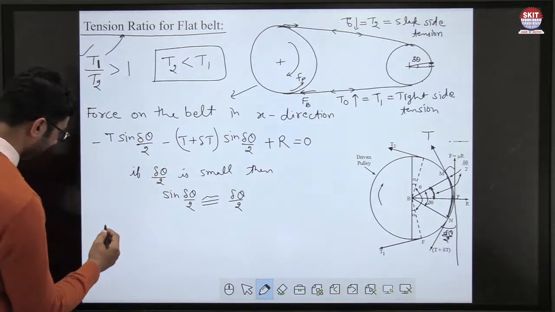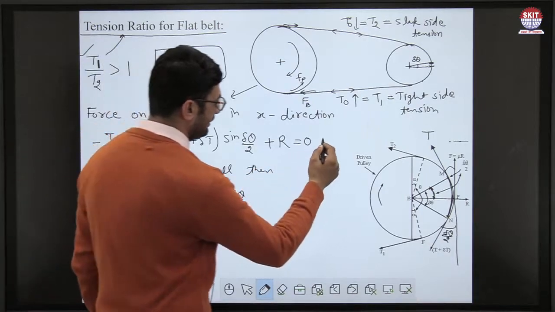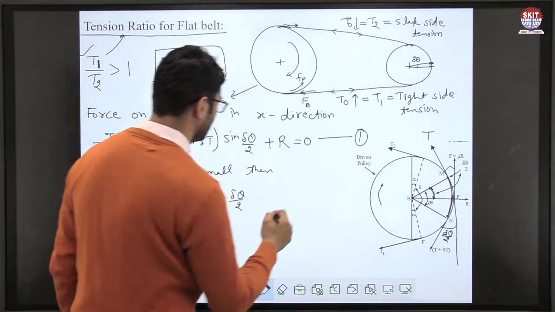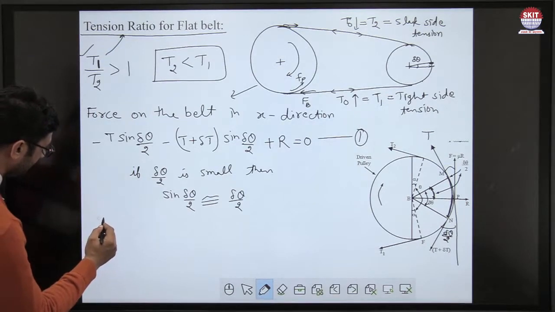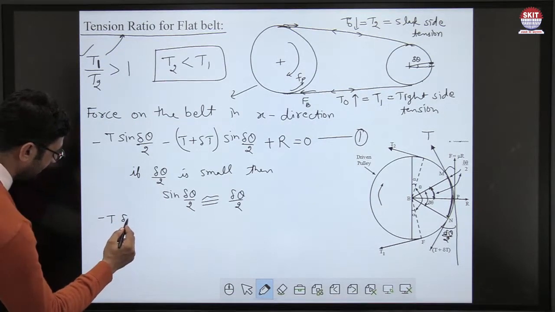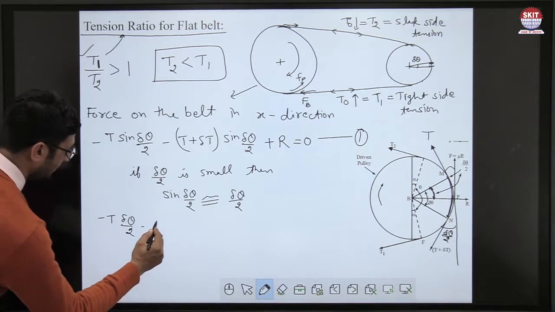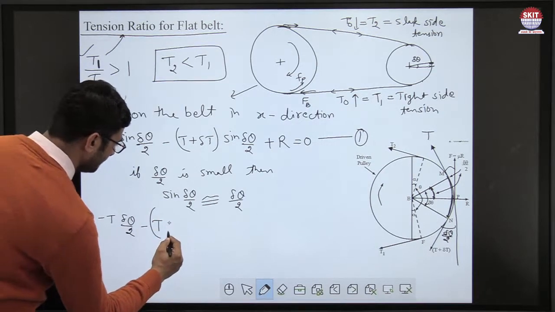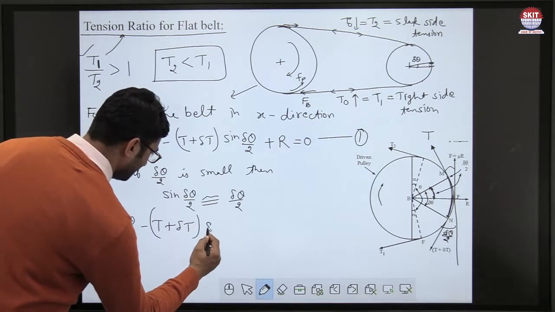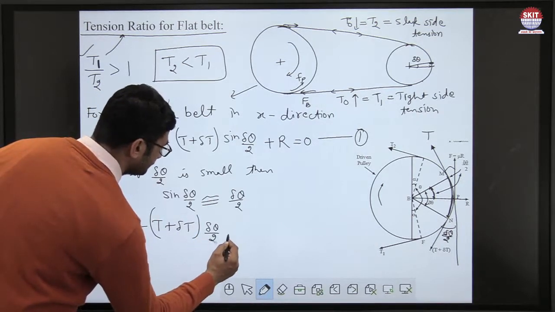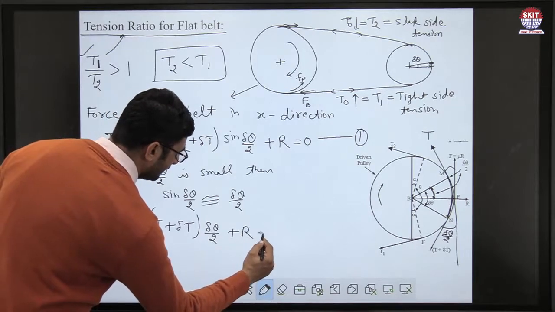The value of the first equation, this is equation number 1: minus T del theta by 2 minus (T plus del T) del theta by 2 plus R equal to 0.